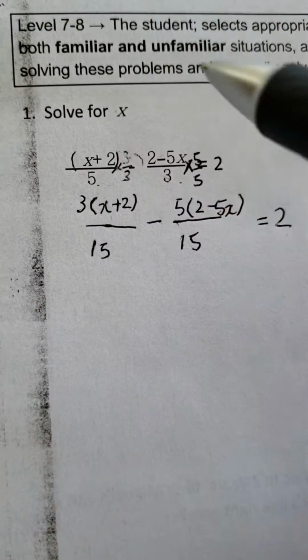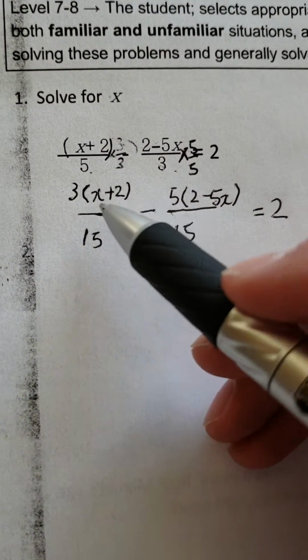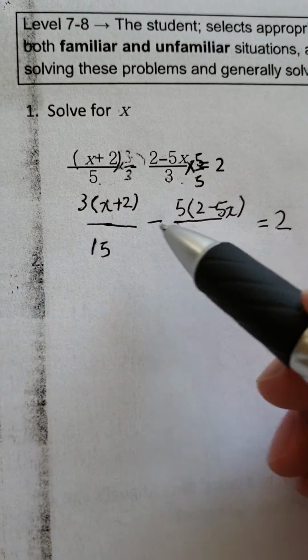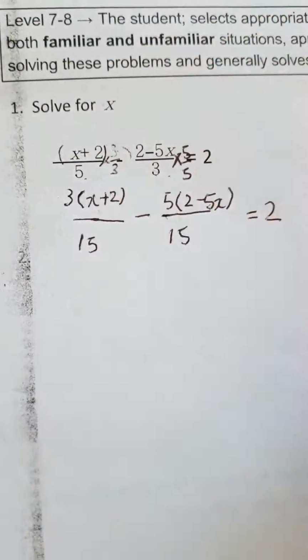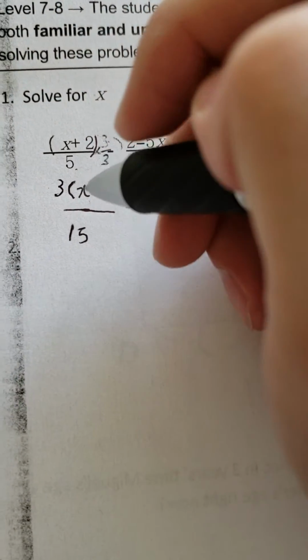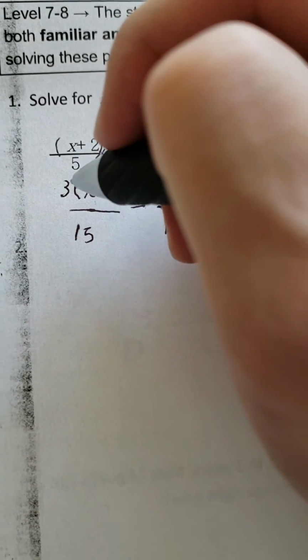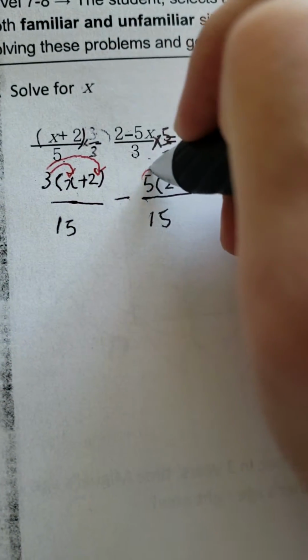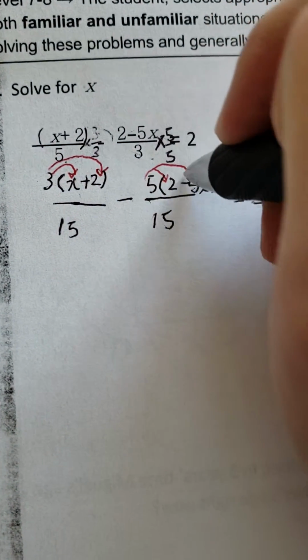Now that we have a bracket, we want to simplify. If we want to simplify this one, you multiply by that, multiply by this, and multiply by that.